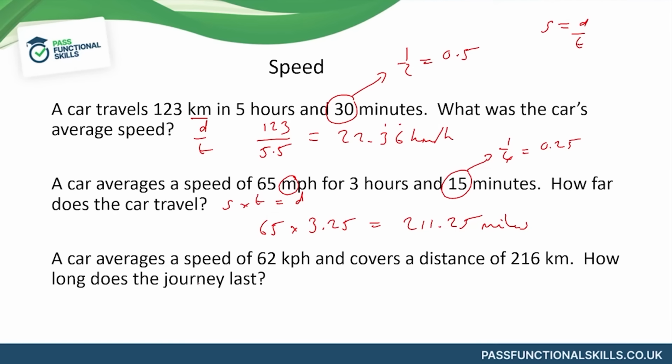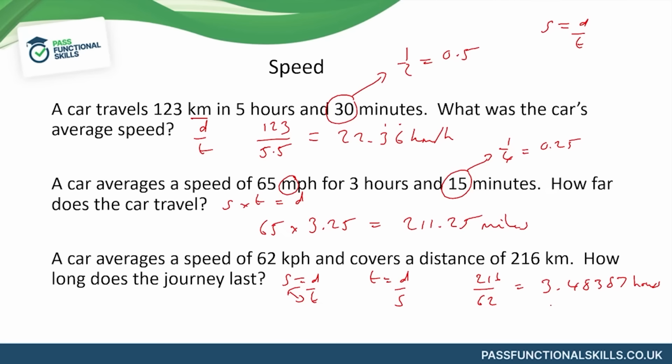Okay, the next one, how long does the journey last? Well, if speed is the distance divided by time, these two can be flipped over. Time is the distance divided by the speed, so the distance is 216 and the speed is 62, and 216 divided by 62 is 3.48387, and this is hours.